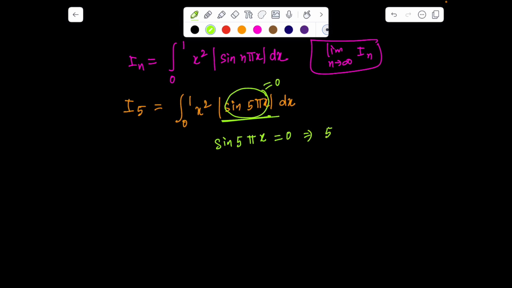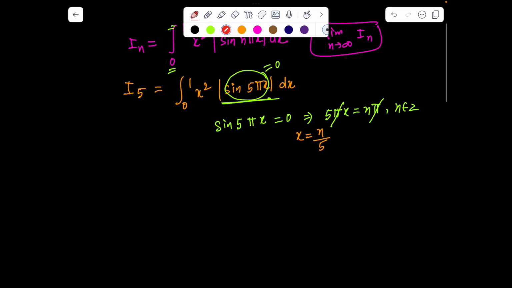That gives 5 pi x equals n pi, where n is an integer. I'll take positive integers because our limit of integration is from 0 to 1. So that gives me x equals n by 5.